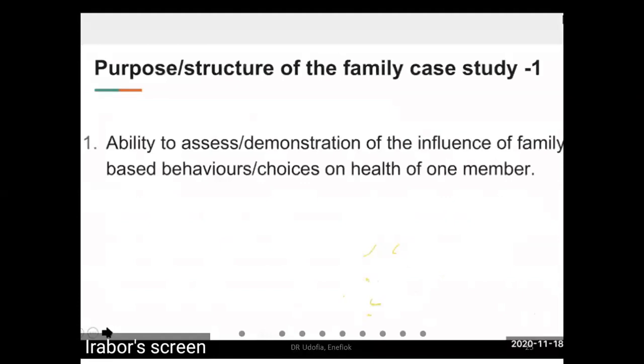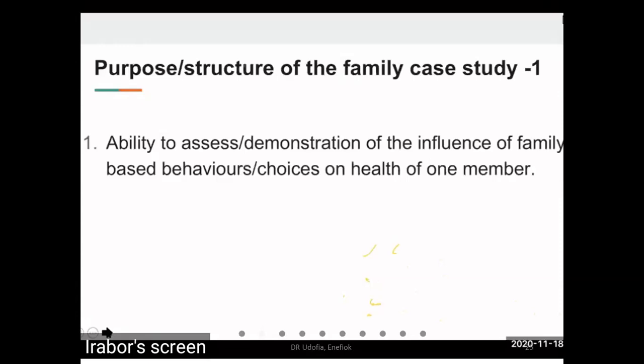The purpose and structure of the family case study is to assess the ability and the demonstration of the influence of family-based behavior choices on the health of one another. Because the health of one person may also affect, or may be a result of, a family member that has tendencies for that.